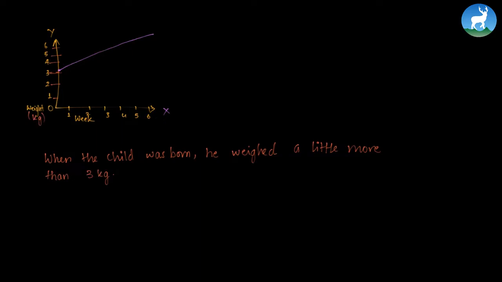So you continue by saying, as weeks go on, his weight increases. Now also notice that since this line is going straight upwards, we know that the child is growing constantly, right? So since the line is straight, it shows that the weight is growing constantly.